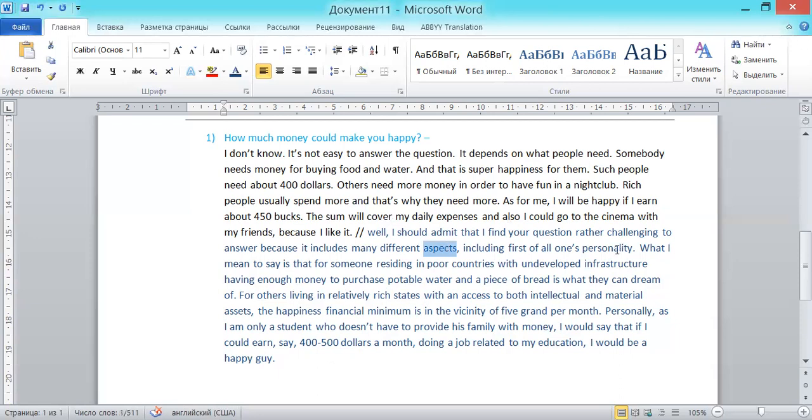Aspects, then personality, then residing, infrastructure, then relatively, states, countries, intellectual, assets, right? Then minimum, provide, yes, why not? So because of these words, the vocabulary component of my answer is okay too. So that was the first question.